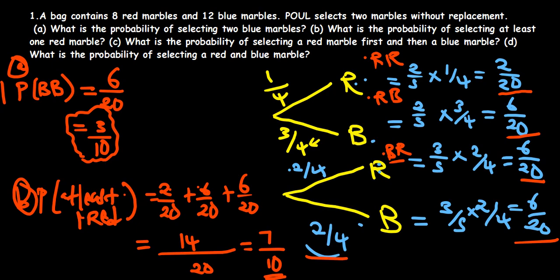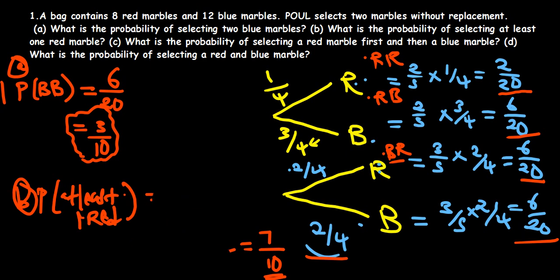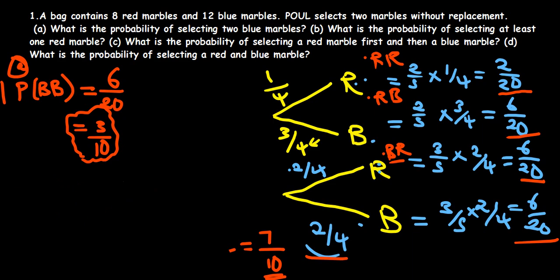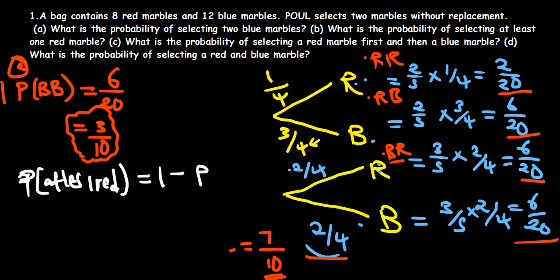So now notice that we can also solve this question using what? The complement rule. Remember the complement rule that I explained earlier? Okay, so let's keep this answer 7 over 10, and then we try to use the complement rule. We see if we are going to get the same answer. So probability of at least one red, this is what we are finding. This probability of at least one red is going to be equals to 1 minus the probability of getting no red at all.